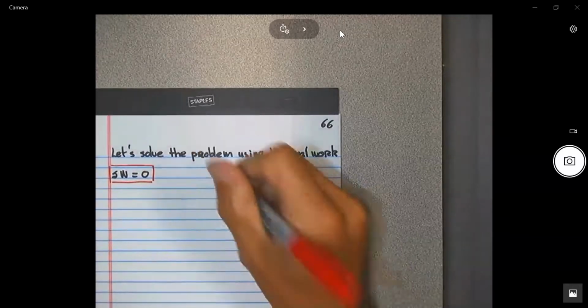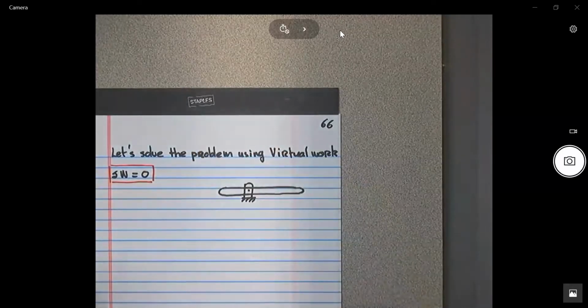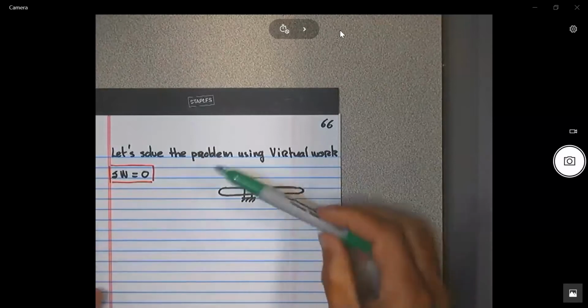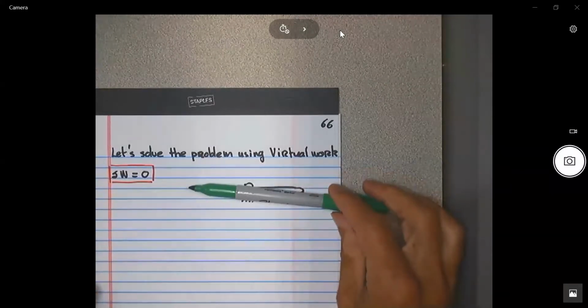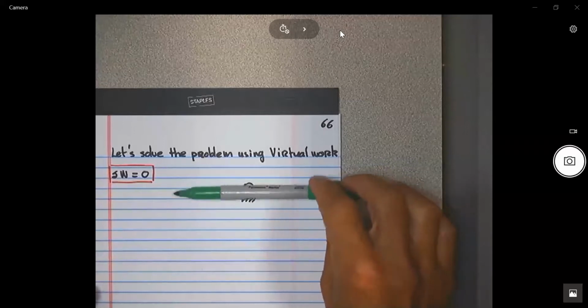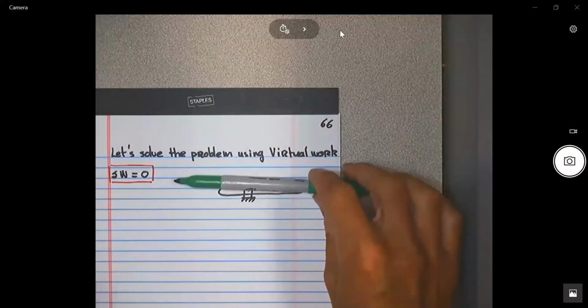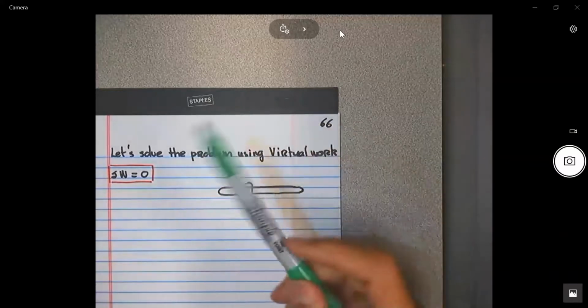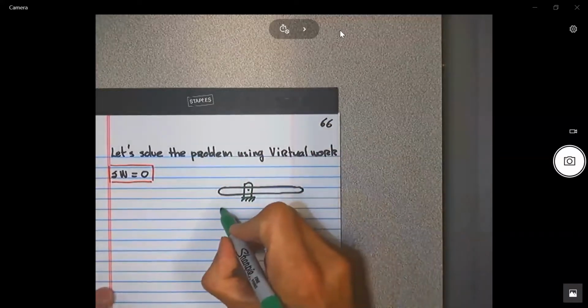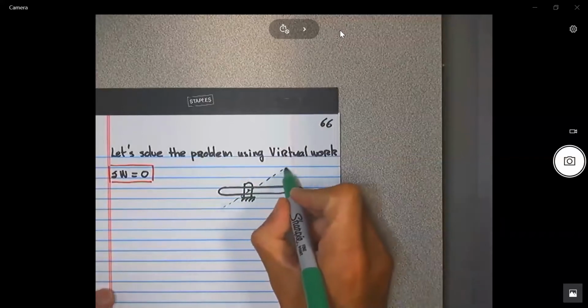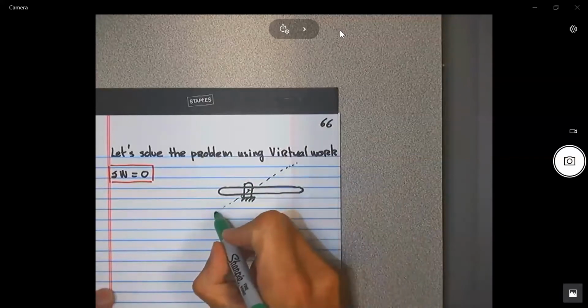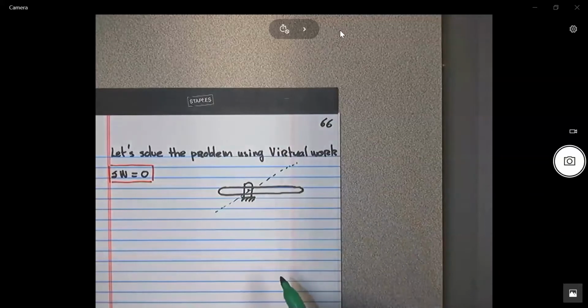Okay, let me first assume the deformation and then we can see how I can do the plot. So this can now move: it could pivot this way or pivot this way. Let's just say it pivots counterclockwise, but you can do it in the other direction. So basically you assume that it's pivoting counterclockwise.